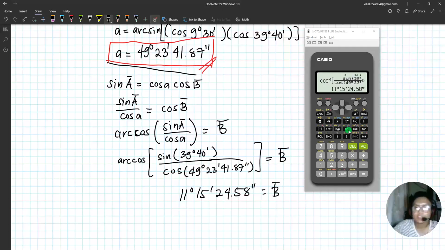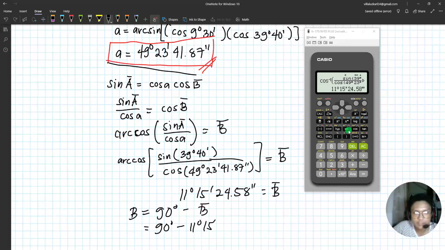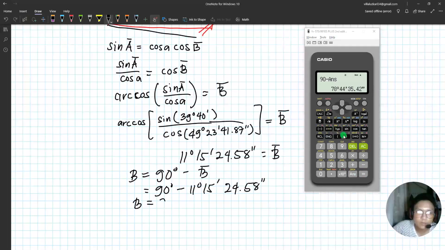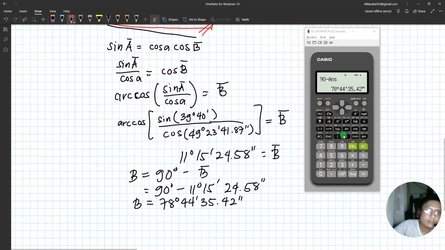To determine the value for angle B, this is the complement of bar B, therefore B is 90 degrees minus bar B. 90 degrees minus 11 degrees 15 minutes 24.58 seconds. B equals 78 degrees 44 minutes and 35.42 seconds.